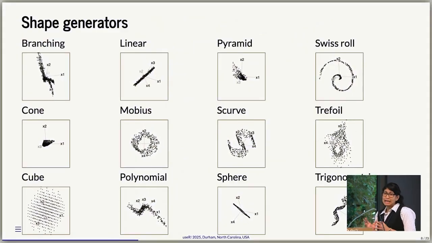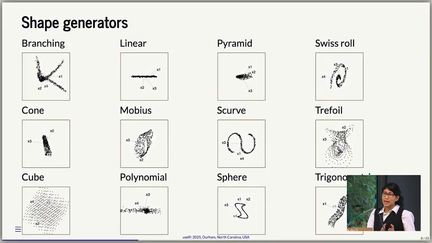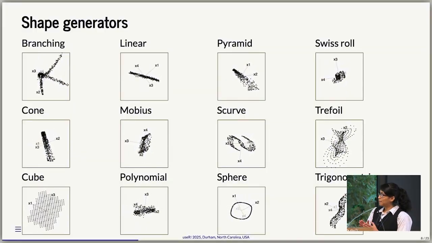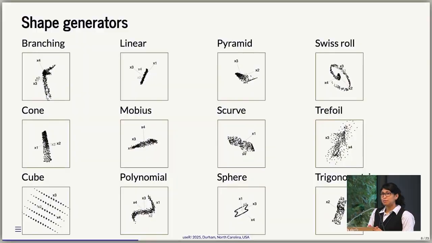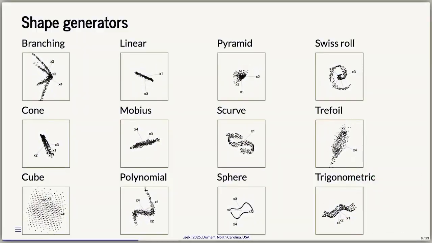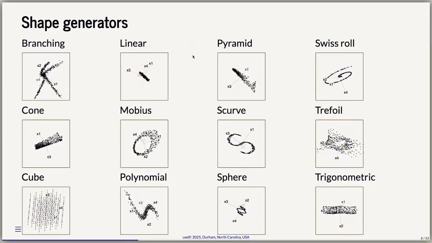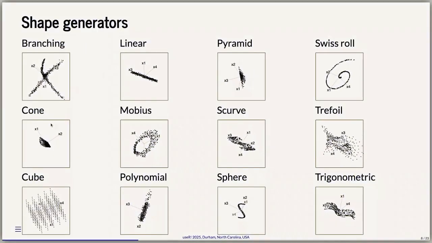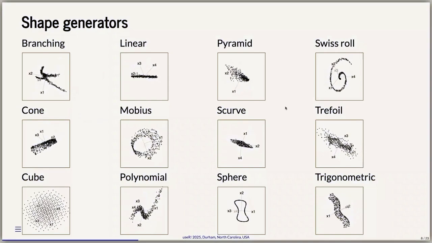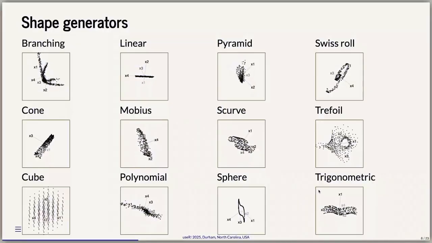My package mainly contains two types of generators. The first is the shape generators. It contains 13 shape generators that you can use. As you can see here, we have branching, linear, pyramid, Swiss roll, cone, Mobius, S-curve, trefoil, cube, polynomial, sphere, and trigonometric.